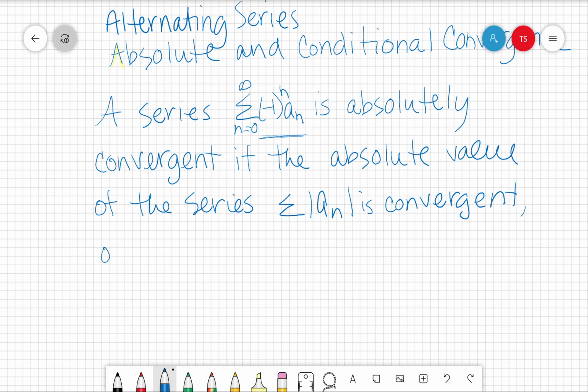Otherwise, the series is conditionally convergent.